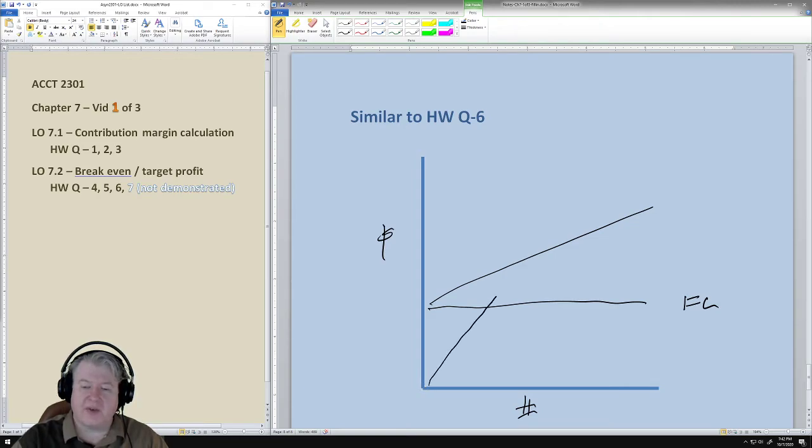So hopefully your revenue line is steeper than your cost line. In other words, you're selling it for more than your cost. This represents our variable cost situation, where this line is built on top of the fixed cost. So whatever the number is along this line, it represents both the fixed cost plus the variable cost total.